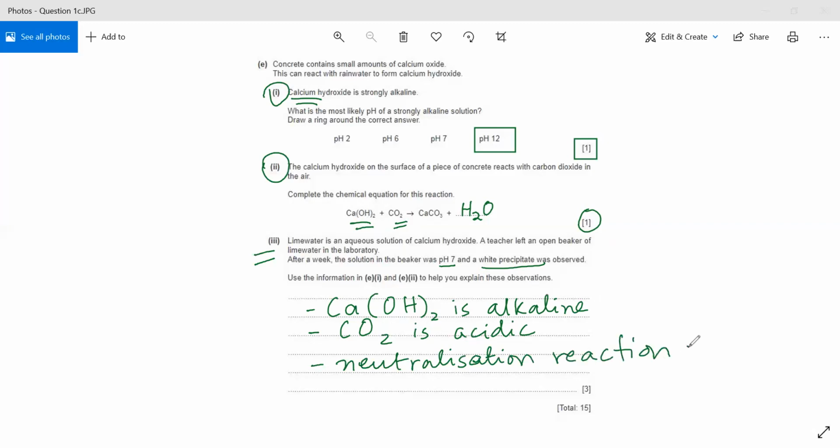That is why the pH falls from 12 to 7. What else do they say? White precipitate. This white precipitate is due to the formation of calcium carbonate, and that is why you are able to see it.